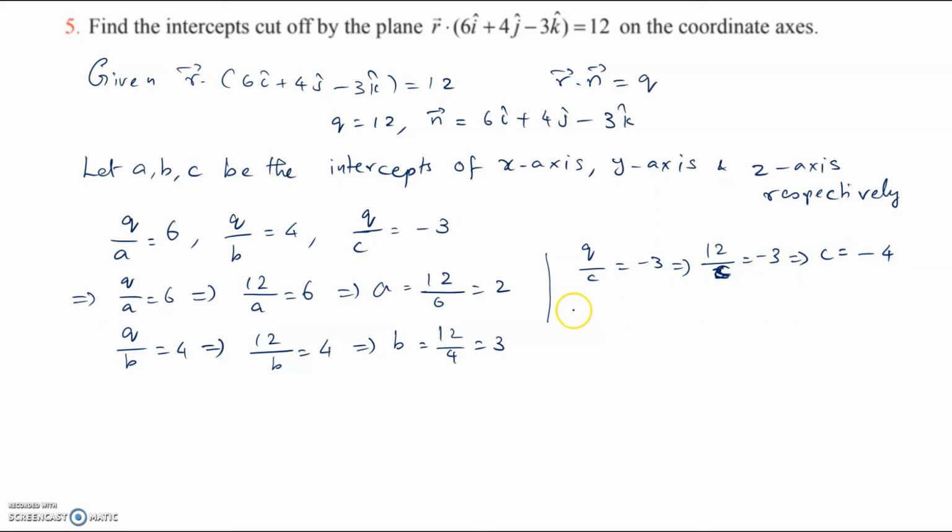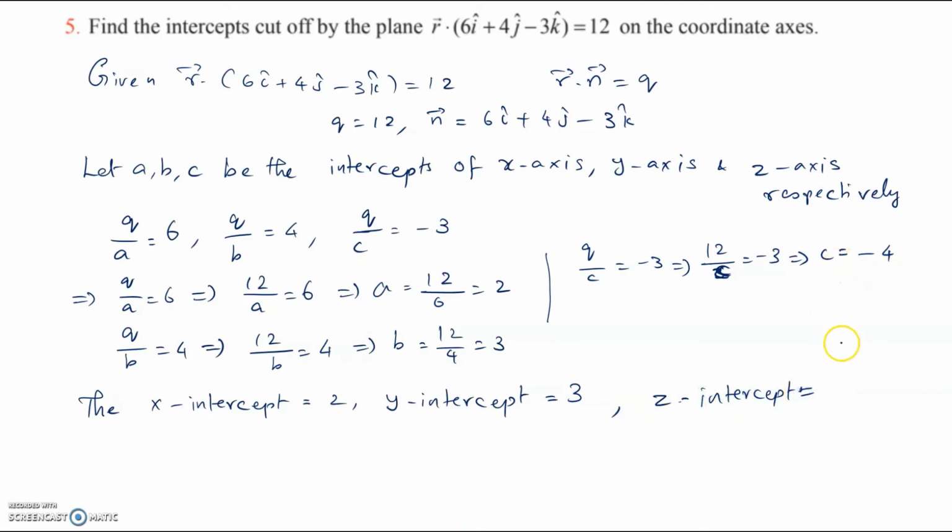So we have our A, B and C. Therefore, the x-intercept is equal to A, which is 2, the y-intercept is equal to B, which is 3, and the z-intercept is equal to C, which is -4.